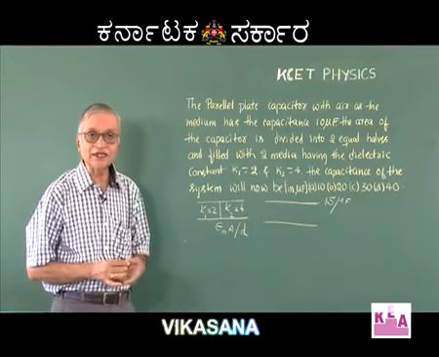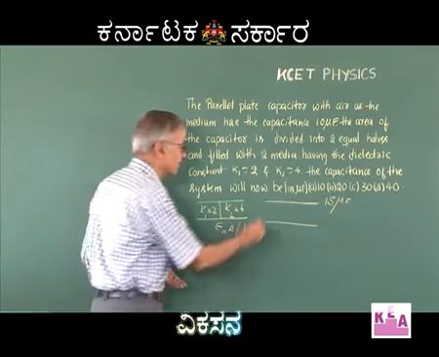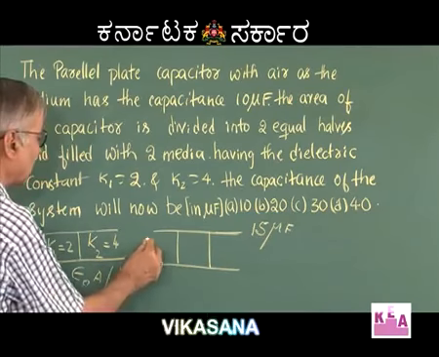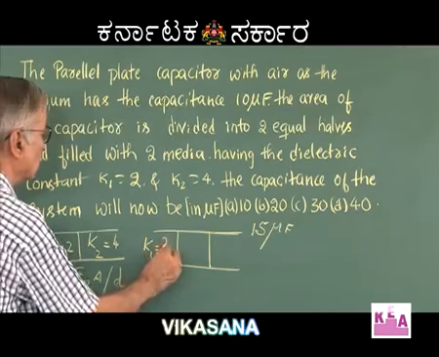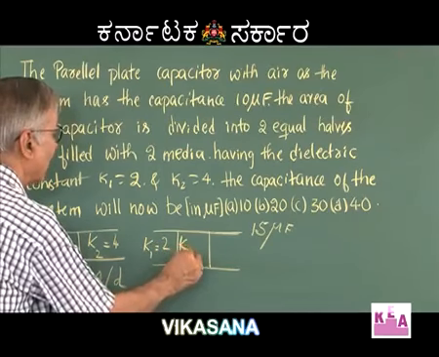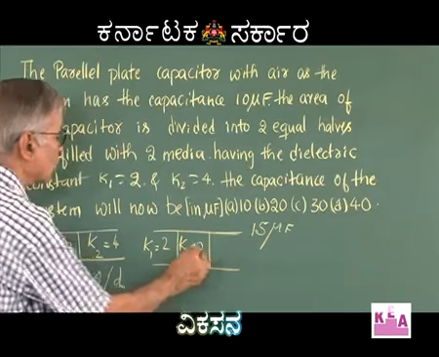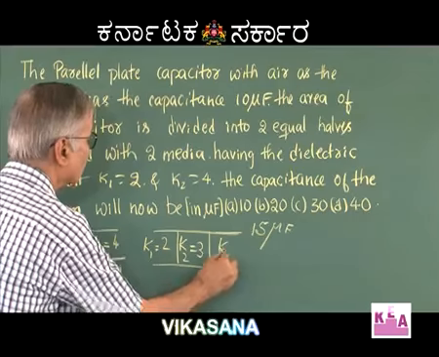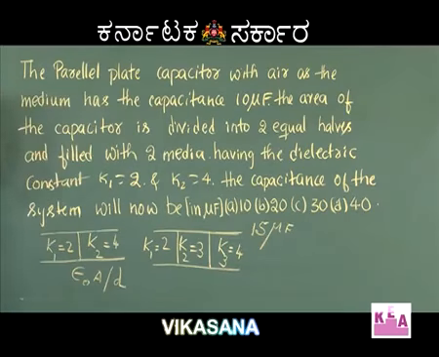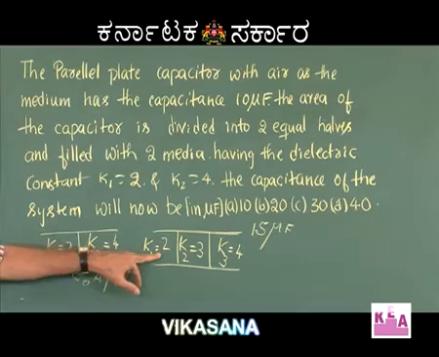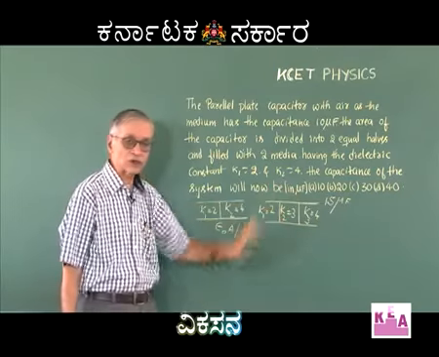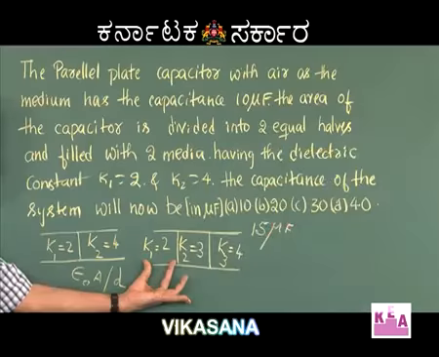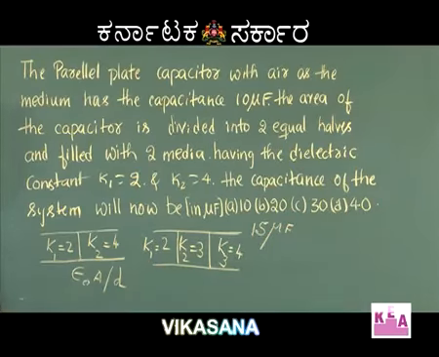It is divided into 3 equal parts, and the first part is filled by a dielectric medium of dielectric constant 2, the second one by a dielectric medium of dielectric constant 3, and the third one by a dielectric medium of dielectric constant 4. Since area becomes 1/3, capacity also becomes 1/3. Therefore, if air was the medium, the capacity would have been 5 microfarad.